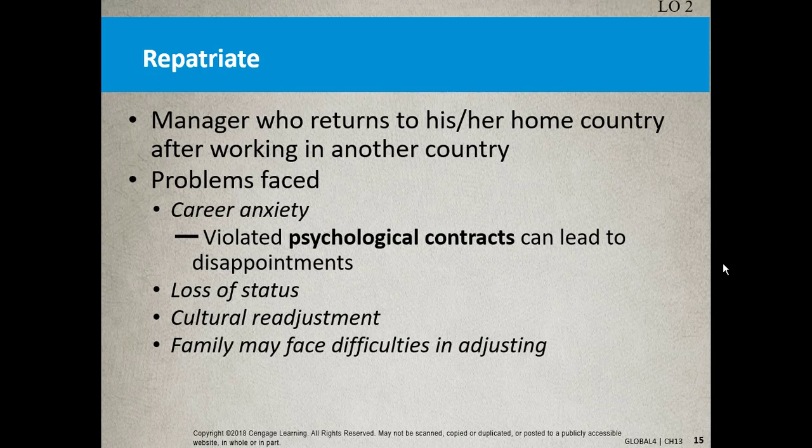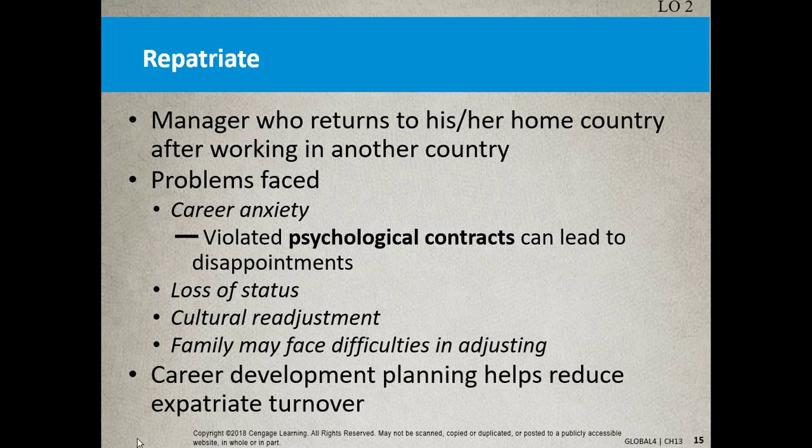In fact, your author points out cases in Japan where some of the children of executives, it's right here from your book on page 209, having been brought up overseas, readjusting back to the home country educational system may be especially problematic. Some returning Japanese teenagers have committed suicide after failing to make the grade back home. That's just catastrophic. It's tragic. And so again, the consequences can be really dire. Career development planning helps reduce expat turnover.